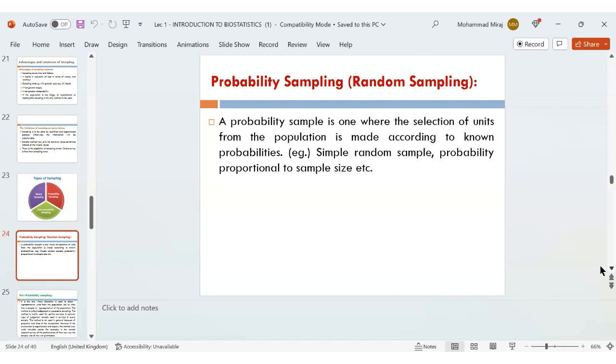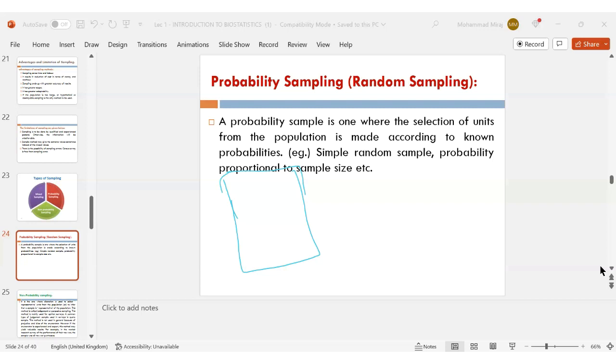Now see, suppose this is one block from where we have to collect the sample. Now I'll take another example.